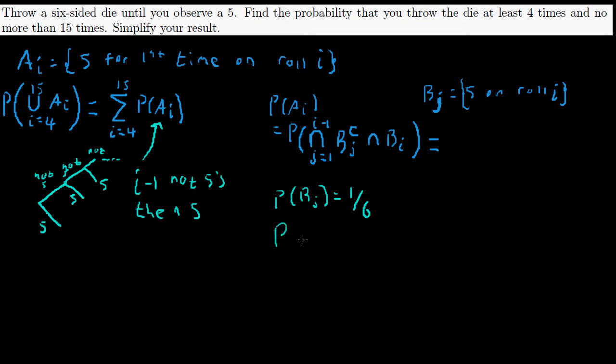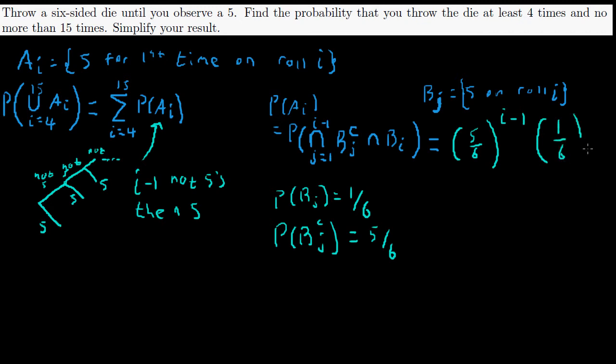The probability of B_j complement is 5/6. So we have i minus 1 factors of 5/6, and one factor of 1/6. So this is 5/6 to the i minus 1 times 1/6.